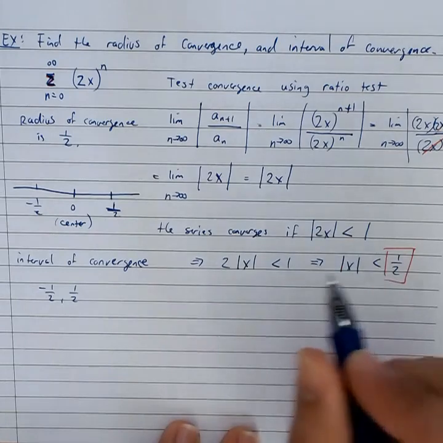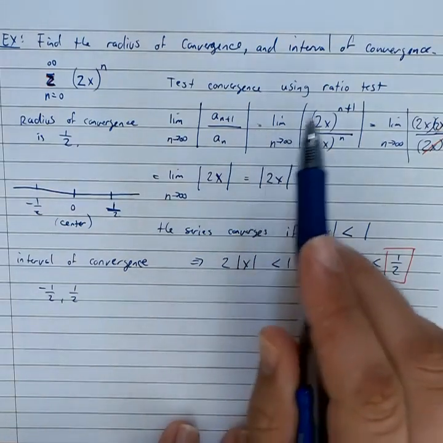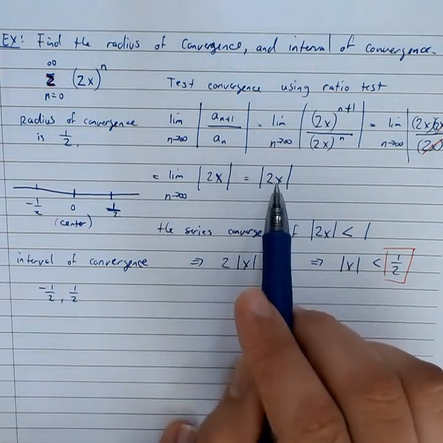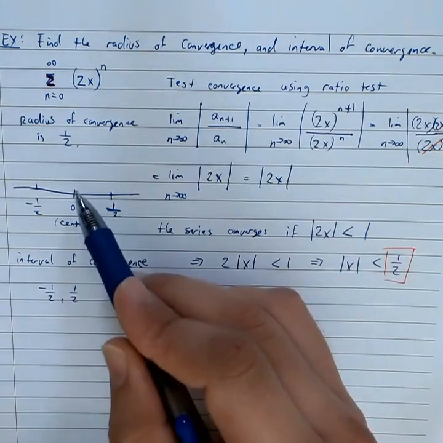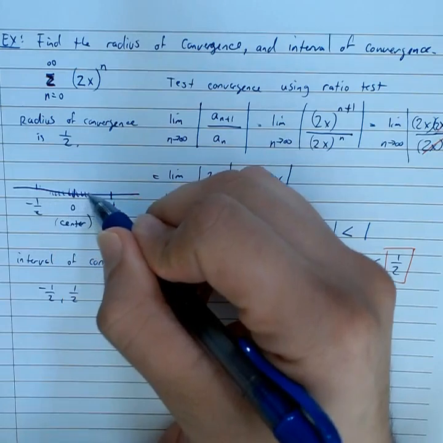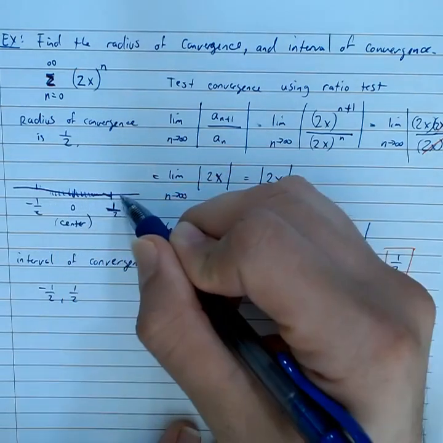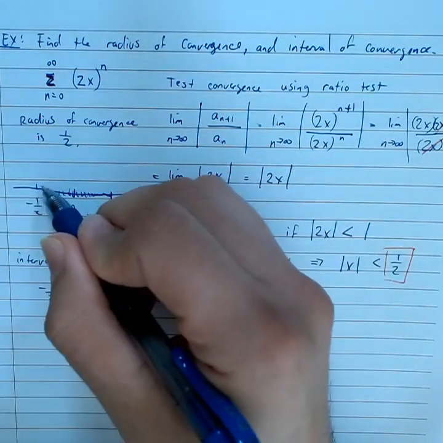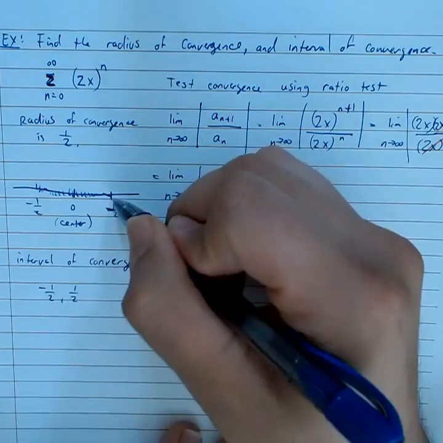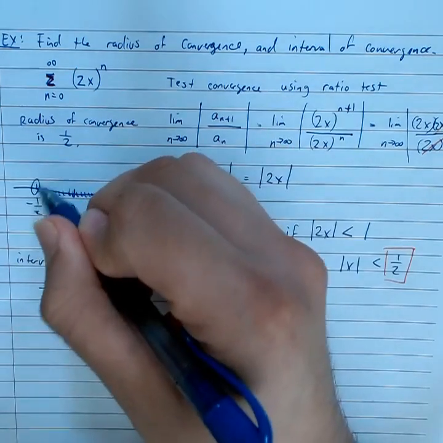But finally, remember that your ratio test will fail if this is equal to 1. So we know that as long as you're within this region, you're fine. We know that as long as you're outside this region, your series must diverge. No question. That's what the ratio test tells us. What we don't know is what happens when we're exactly at the boundary points.